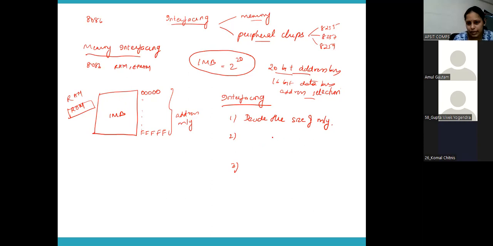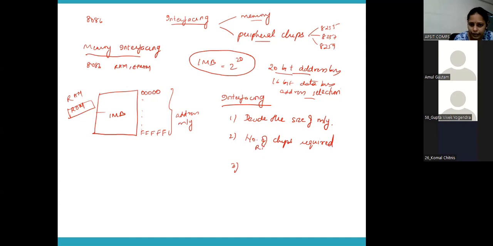Deciding the size of the memory also involves deciding the number of chips. If I want this much of my memory to be RAM, how many memory chips will I require to implement that? So the second step in interfacing involves deciding the number of chips involved.